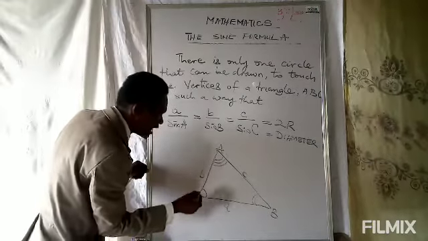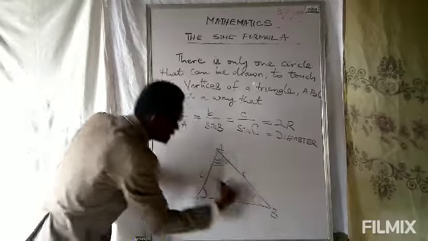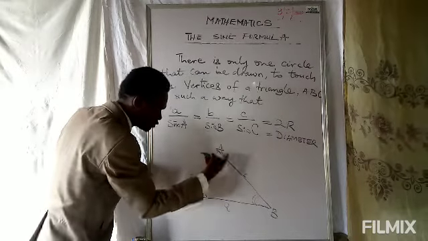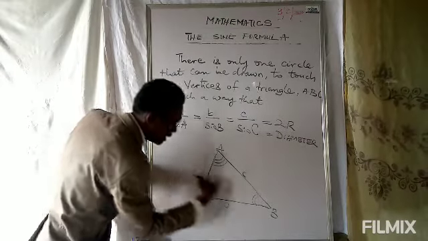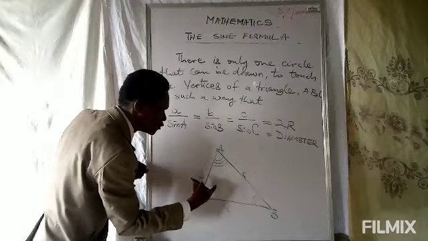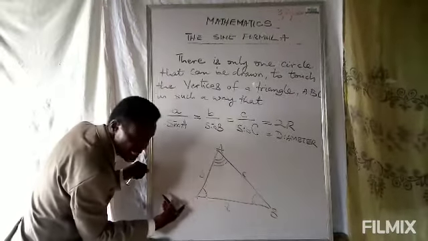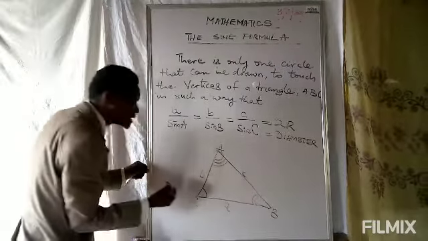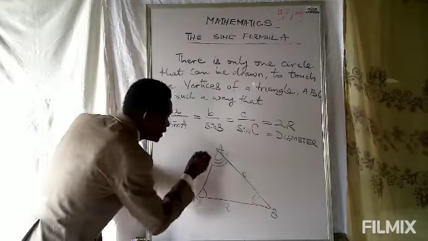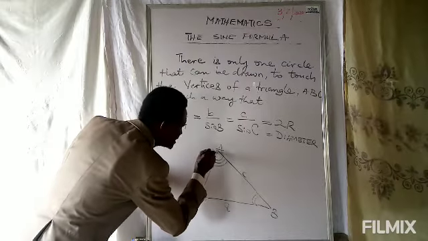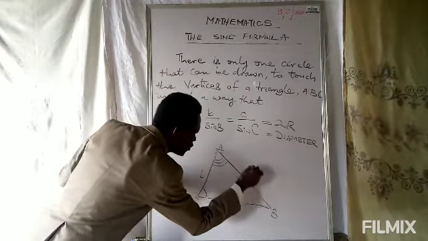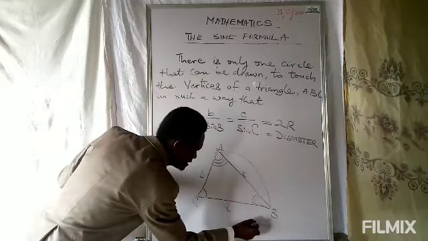So we now say that small a over sine A is equal to small b over sine B is also equal to small c over sine C, and that there is only one circle that passes through the vertices.